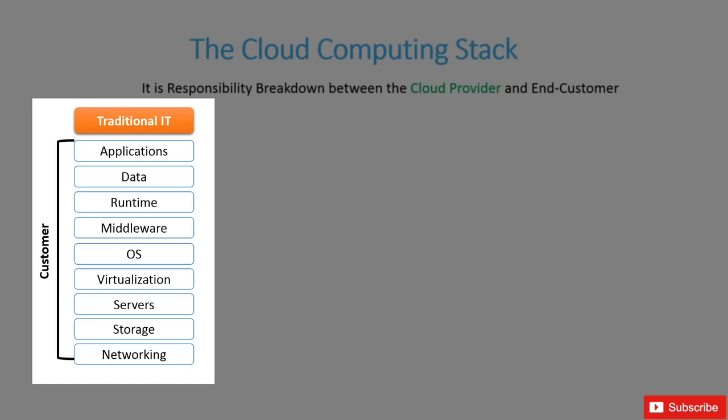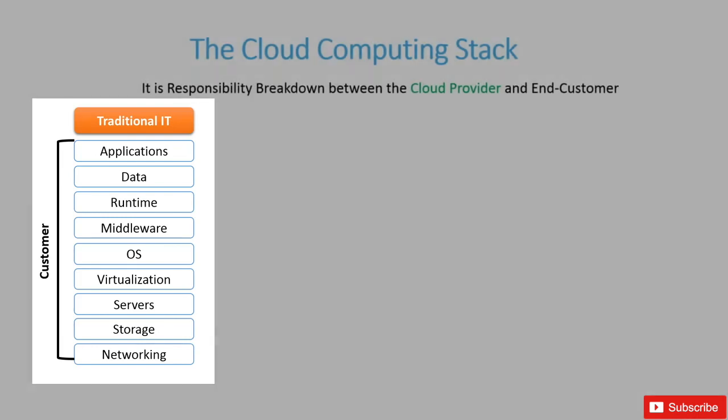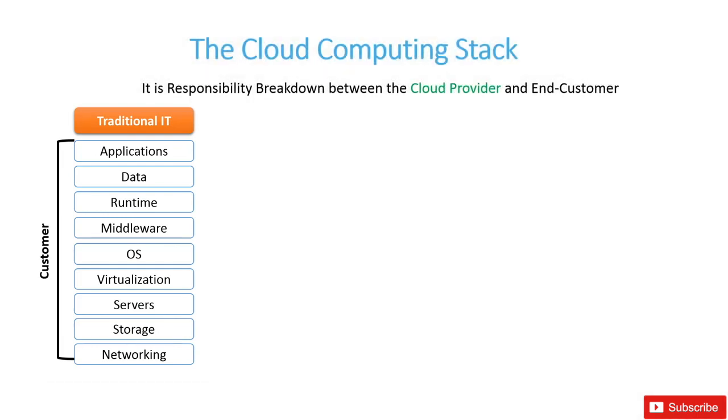To be able to do that, in each organization there is an IT team that has to build and manage everything. They have to install and manage the local network, storage devices, multiple servers, adding a virtualization layer, operating system, middleware and runtime servers, databases, and multiple applications. This is traditional IT. The customer is responsible for everything.